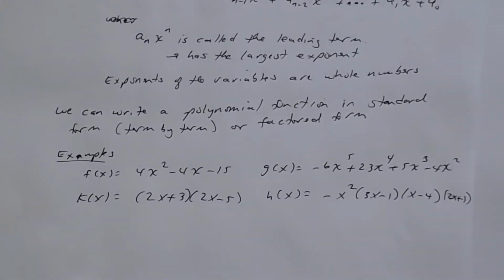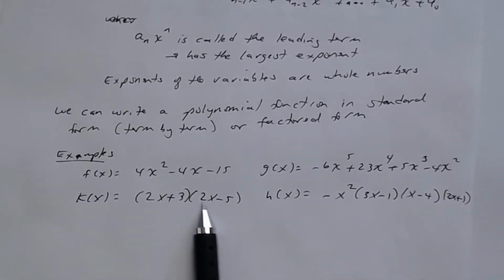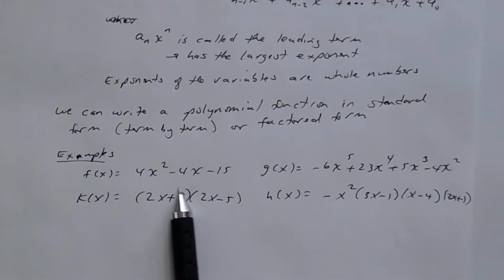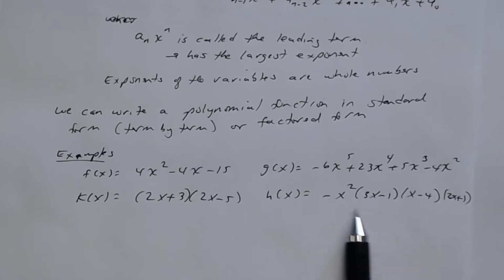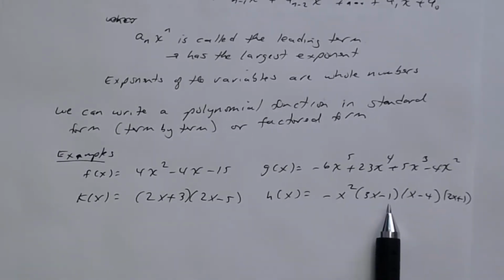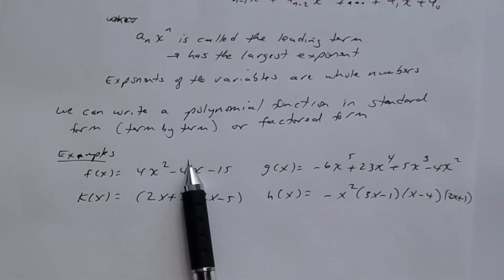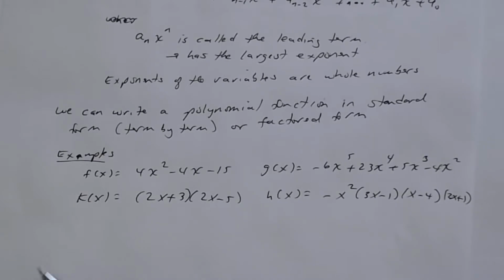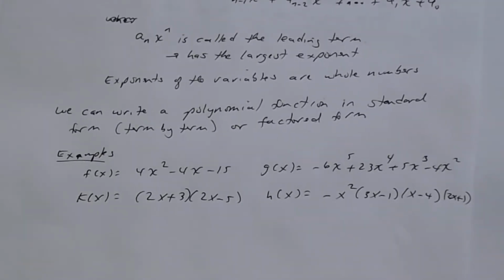So what we want to do is remind ourselves, how can I find the leading term of a polynomial function that's factored? How can I find the leading term of h of x? I know how to find it if it's in standard form. That's easy, f of x and g of x. But what about k of x and h of x? That's something we're going to have to discuss as we go through this.